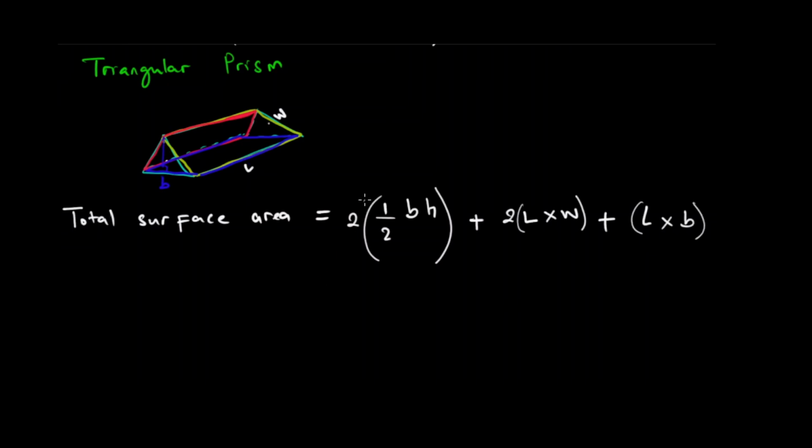If we simplify, we see kuti 2 inochekana ne e, kureva kuti it's basically going to be base times height plus 2lw plus lb.